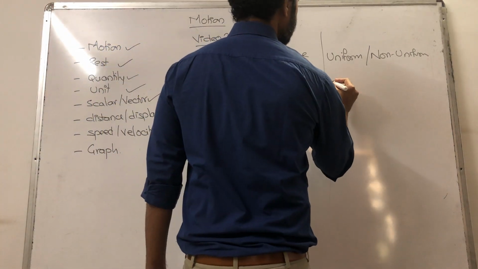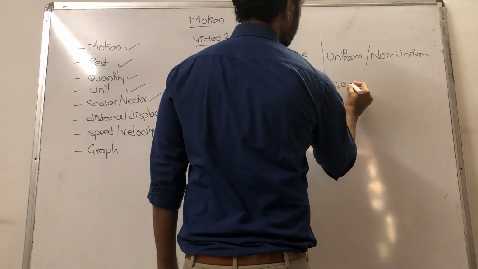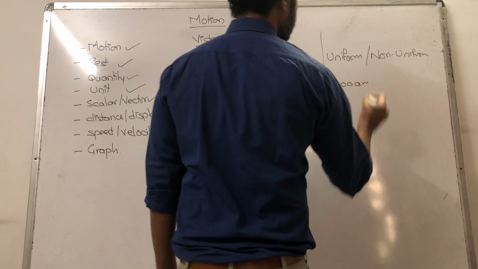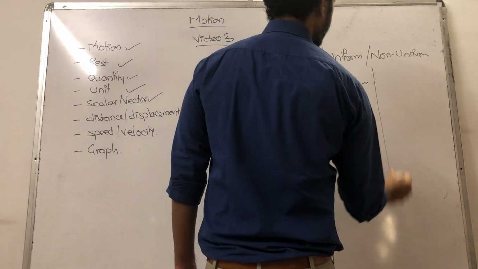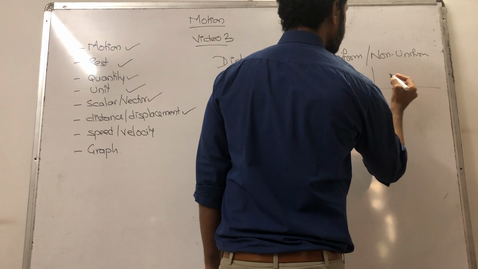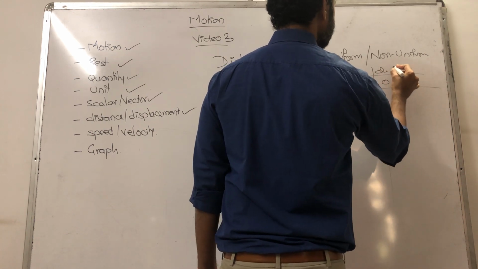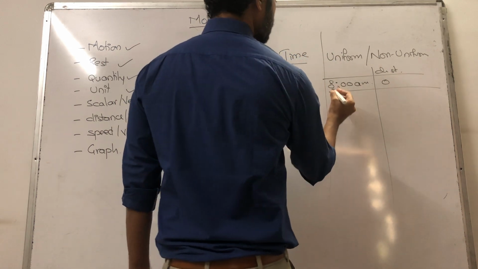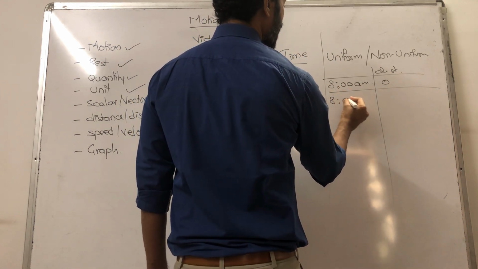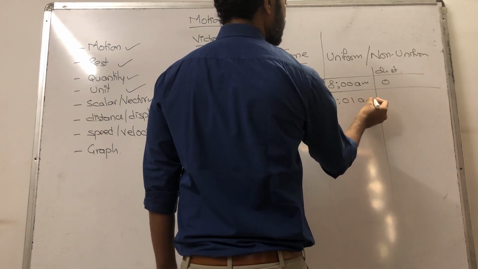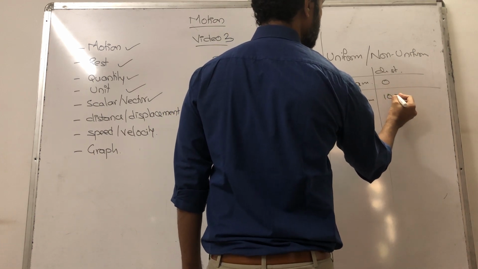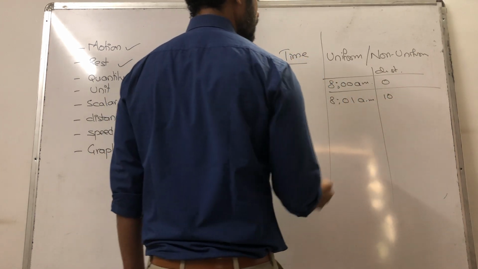Let's say at time 8 am, an object is at origin, that is, it is at 0 distance. Now after 1 minute, the object travels a distance of 10 meters.